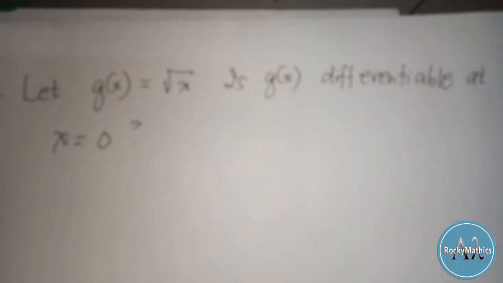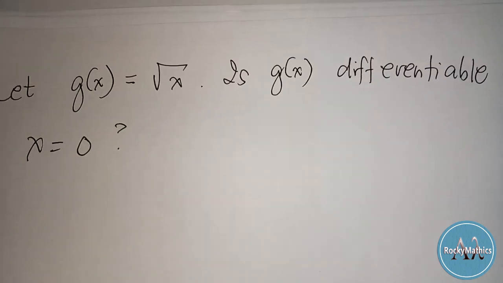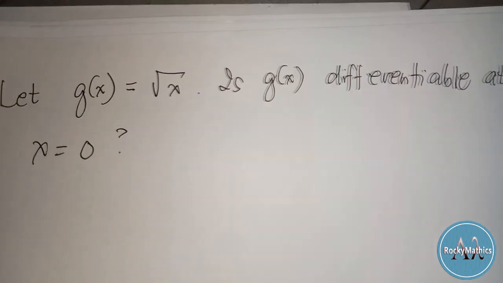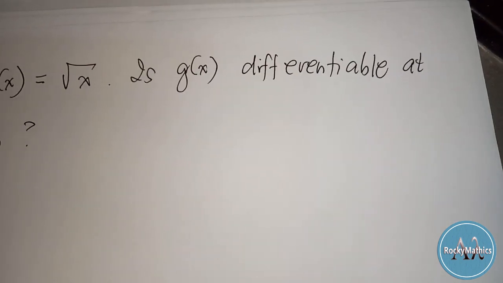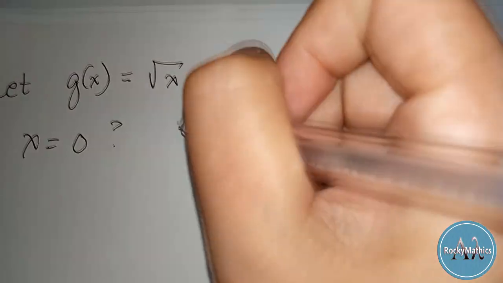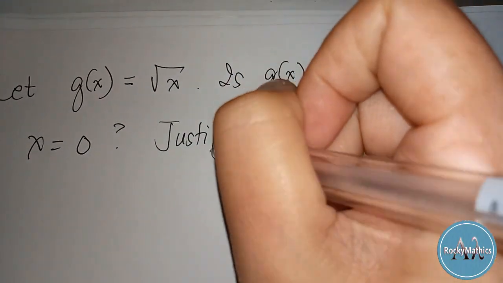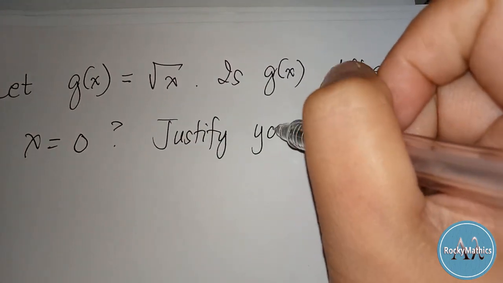That's the problem. Let g of x is equal to square root of x. Then is g of x differentiable at x is equal to 0? If that is so, justify your answer.